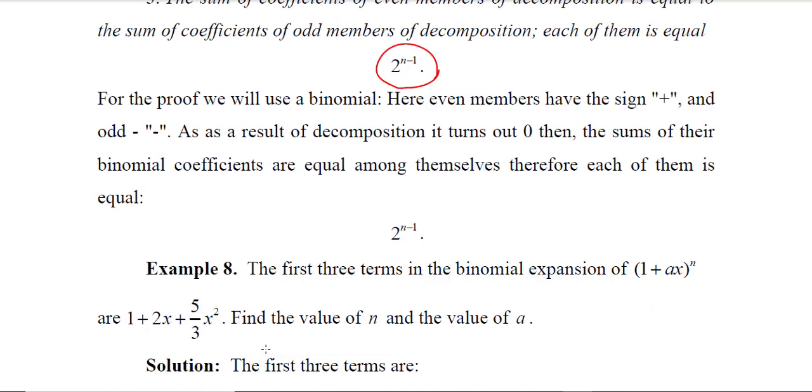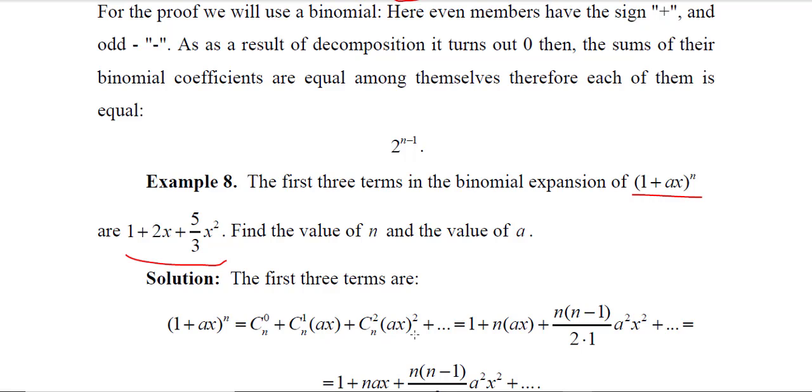And now let's consider the next example. The first three terms in the binomial expansion of (1 plus ax) to the n's power are this one. Find the value of n and the value of a. So look here, these are three terms in this binomial. And now, solution.